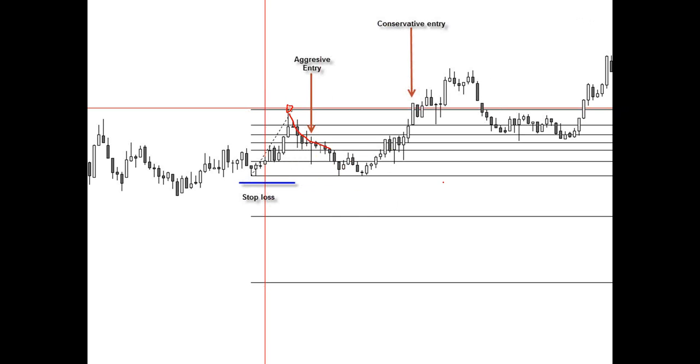This is 78.6, and this is 88.6, okay? As you can see, the price pulled back to 88.6, and then it went slightly downwards before a big shot to the upside. So what you should do is wait for this spike, then wait for retracement.